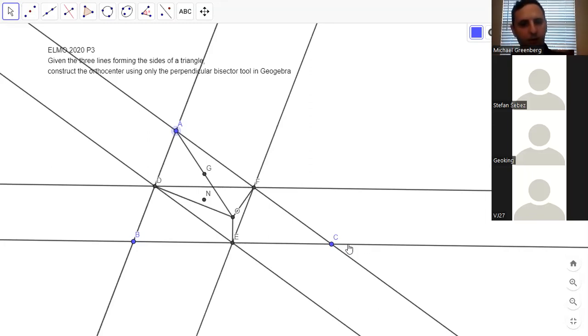Or the parallel to OE. Basically, we're trying to figure out how to reflect one point over another point.